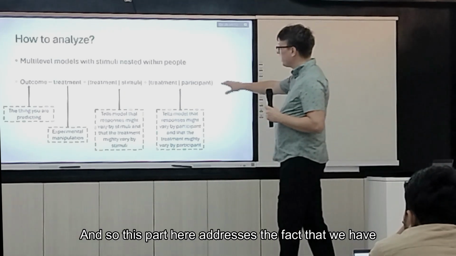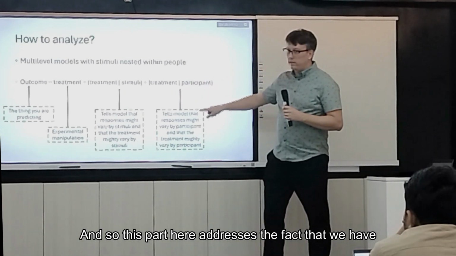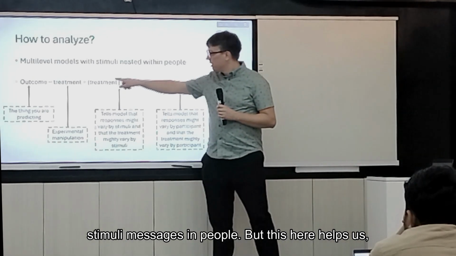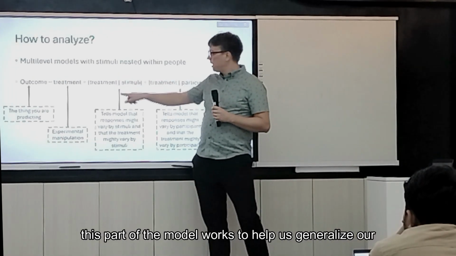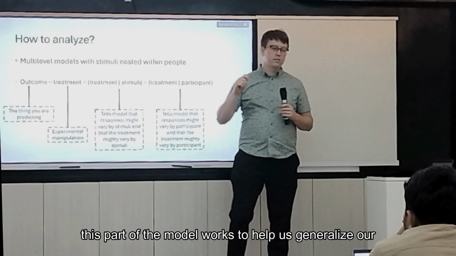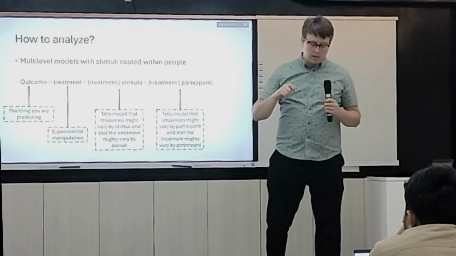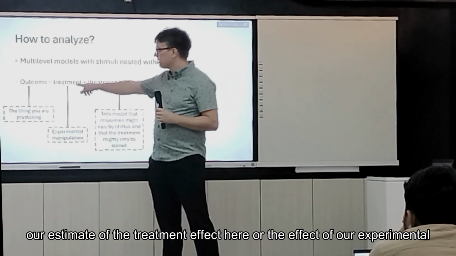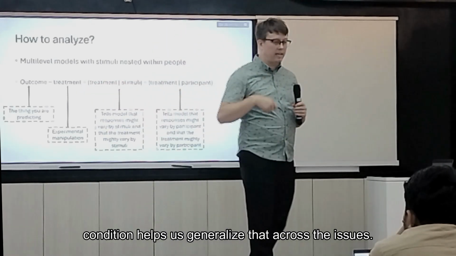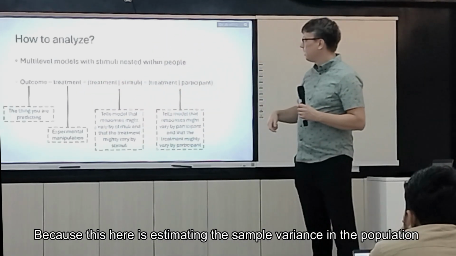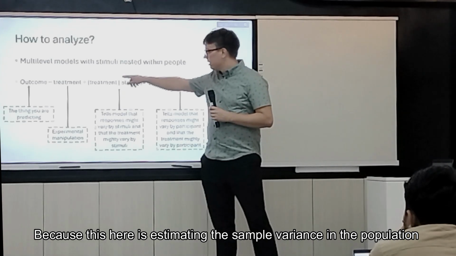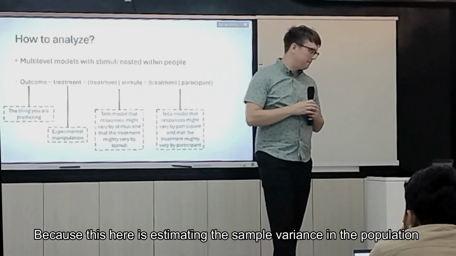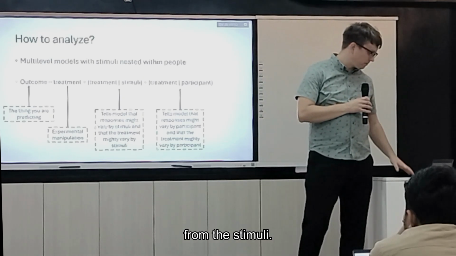This part here addresses the fact that we have stimuli nested in people, but this part of the model helps us generalize our estimate of the treatment effect, or the effect of our experimental condition, across the issues. Because this is estimating the sample variance in the population from the stimulus.